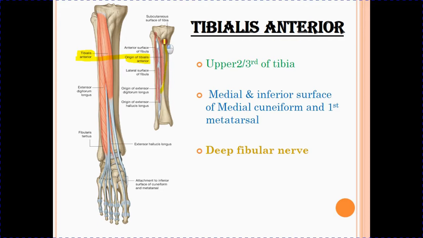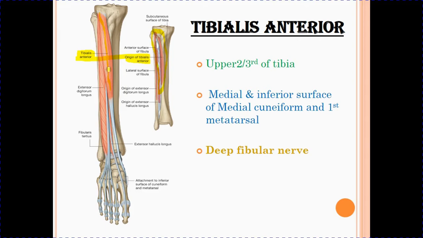See, this is the upper two-thirds of the lateral surface of the shaft of the tibia. Tibialis anterior muscle arising from upper two-thirds of the lateral surface of the shaft of the tibia.